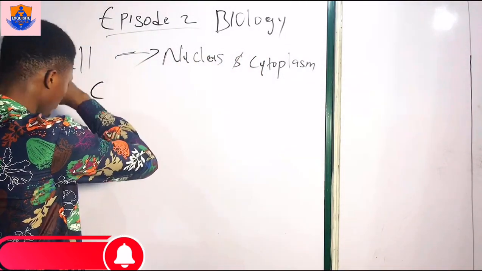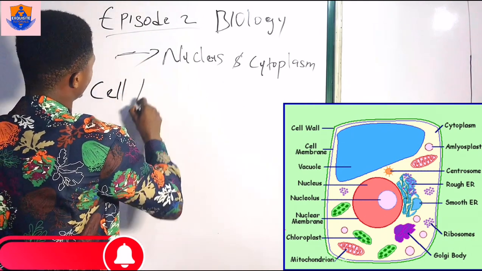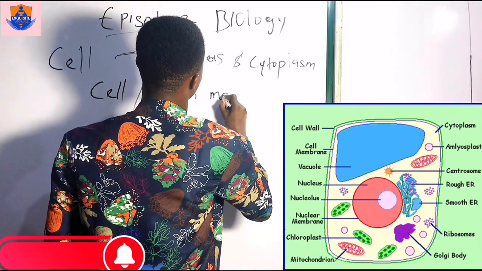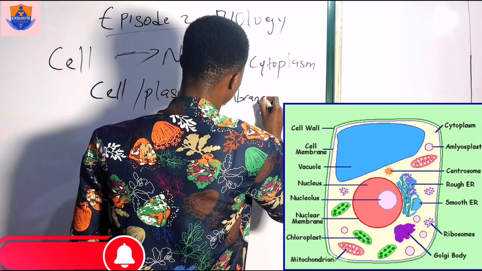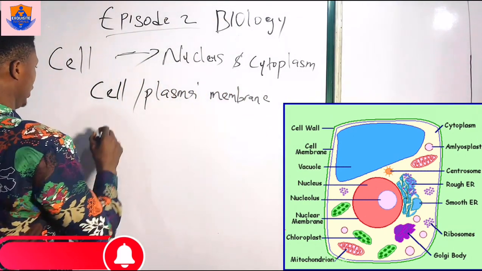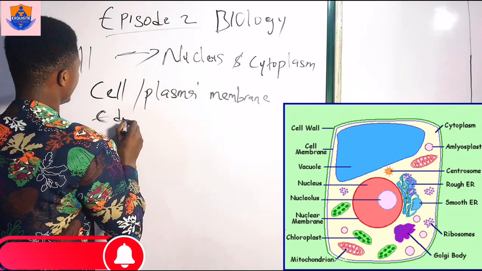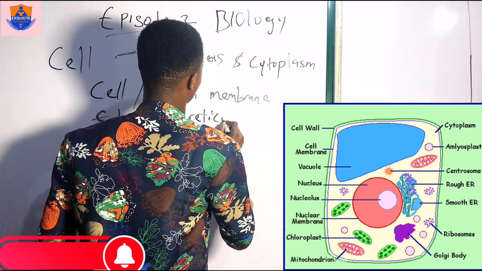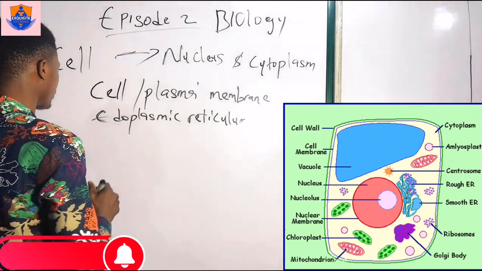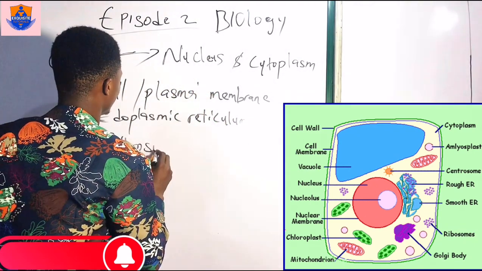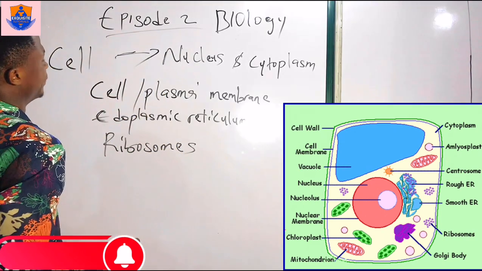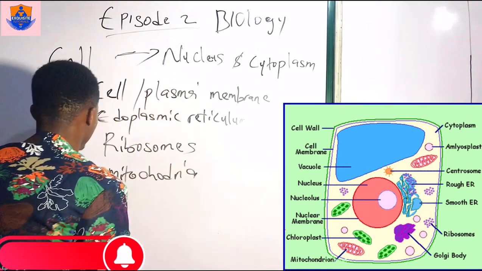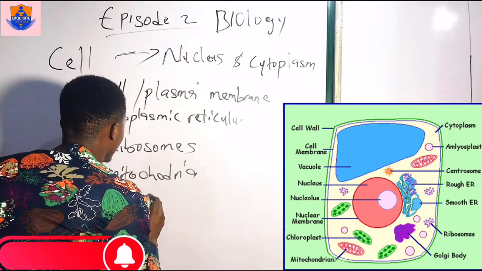Now let's talk. We have the cell structure: plasma membrane, endoplasmic reticulum, ribosomes, mitochondria, and Golgi complex.